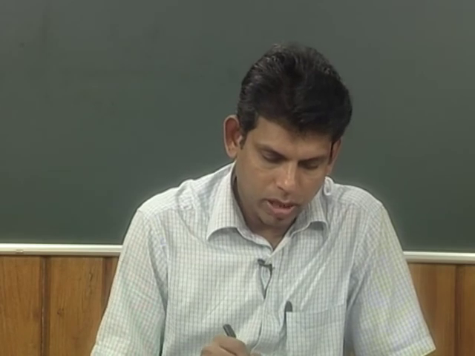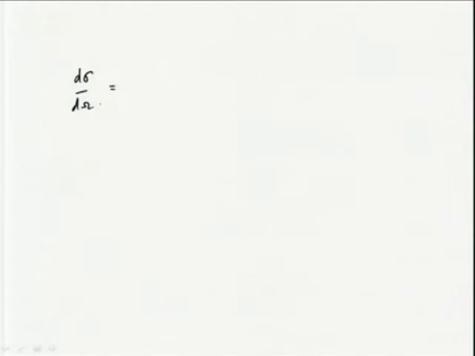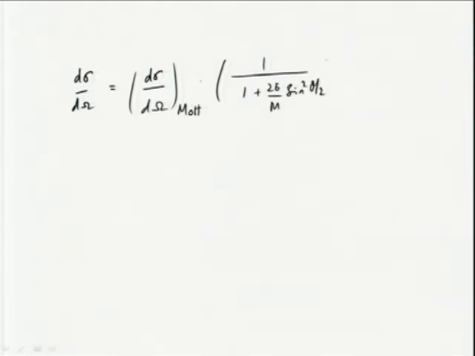So, when you actually have an extended particle which scatters the electron, then we have to consider the cross section as the Mott cross section times 1 over 1 plus 2 E over m sin square theta by 2 to take into account the recoil.